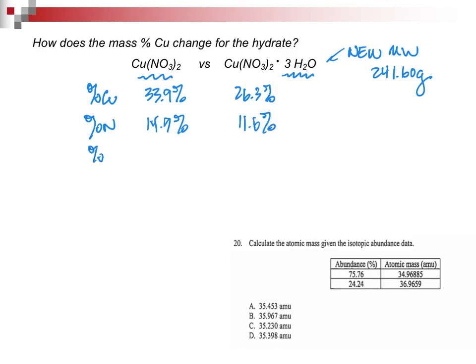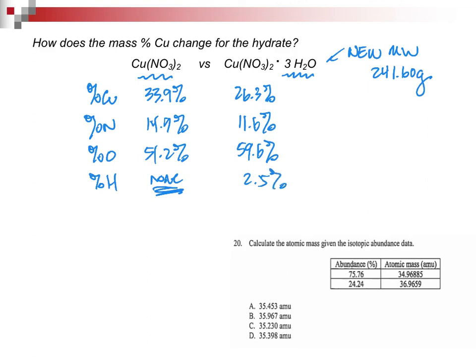If I look at my percent oxygen, it was 51.2%. And in this new material, it is now 59.6%. Percent hydrogen, okay, there was none at all in copper nitrate, but when it picks up those waters, 2.5% hydrogen.